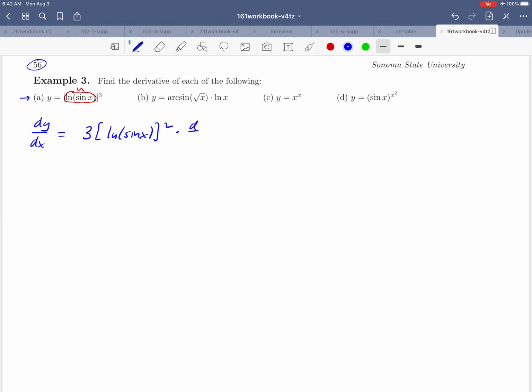And the second piece of the chain rule says we need to multiply by the derivative of just the u, the inside part. Okay, so there's our first step, and we are done with the 3 ln of sine of x squared part. To finish, we need to take the derivative of ln of sine of x.